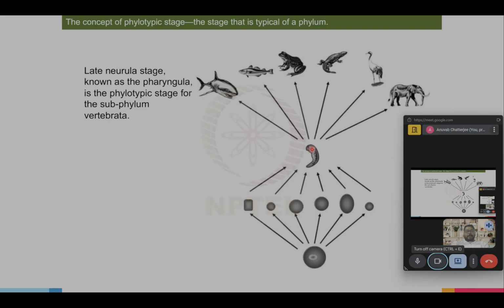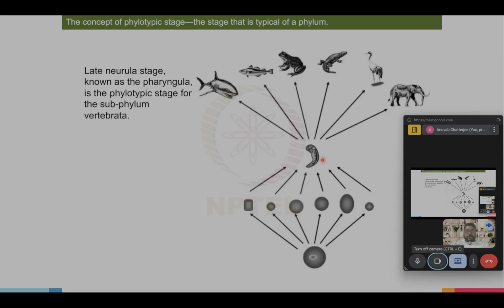And this is the reason for that, because all of the development proceeds very similarly up to the phyletic stage, and later on different structures develop depending on what species the pharyngula belongs to.